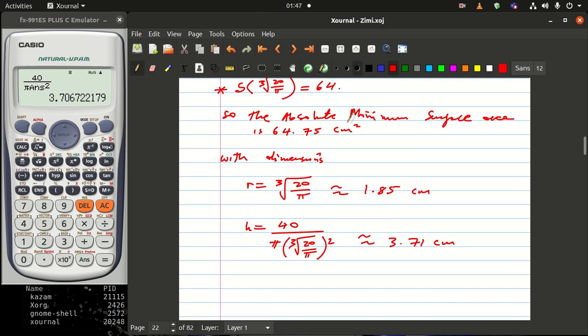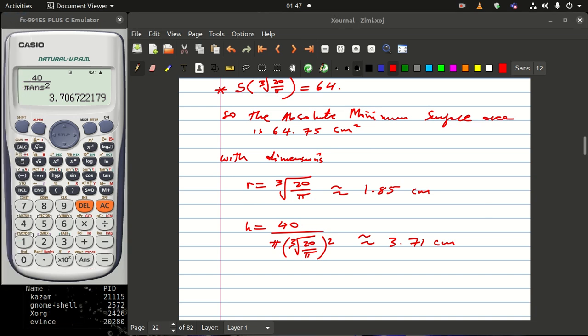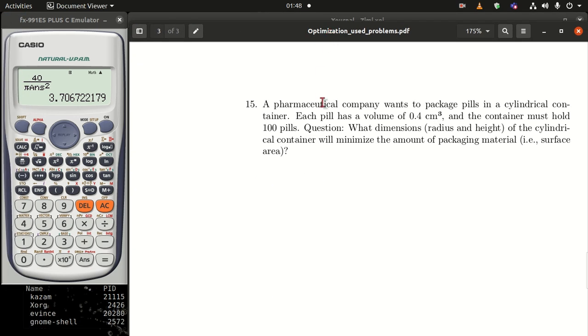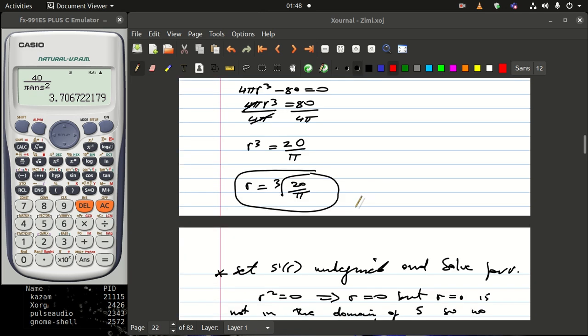So the height they were looking for in this question, if you look into this question here, you'll find out they wanted the radius and height to minimize the packaging or the surface area. So these are the height and the radius they were looking for. I am also tired. Hope you understood these questions.